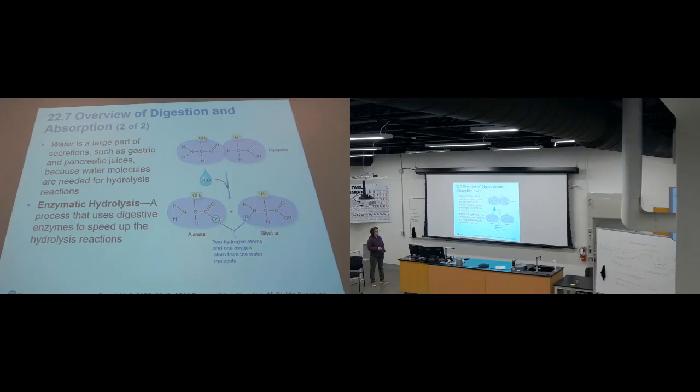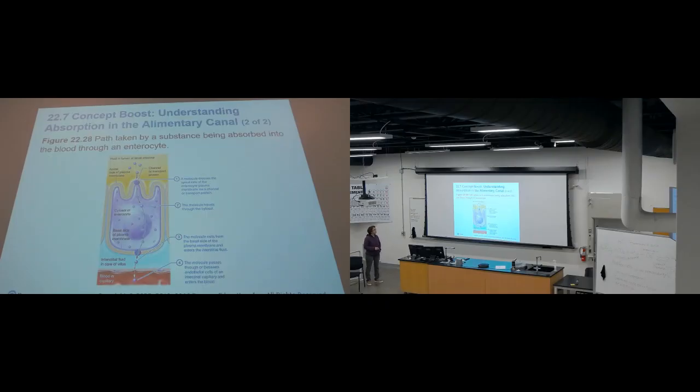So the OH, the hydroxyl group of water, will combine with this amino acid, in this case alanine. And then the hydrogen ion is going to combine with this amino group from glycine. So this is called enzymatic hydrolysis, because you use water. Hydro means water. Lysis is breaking down. So this is a chemical digestion that happens to break down these dipeptide bonds.